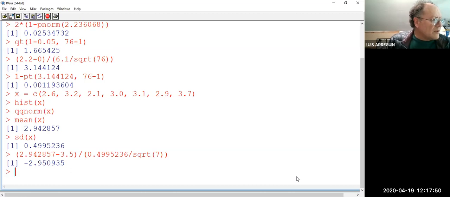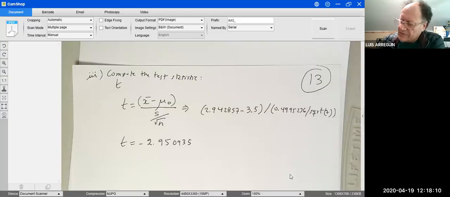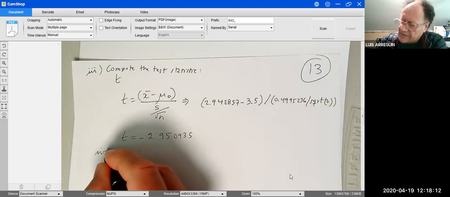So the t value that we find in this way is negative 2.95035. So that's the statistic, the test statistic. So now the next step is just compute the p-value to make a decision.